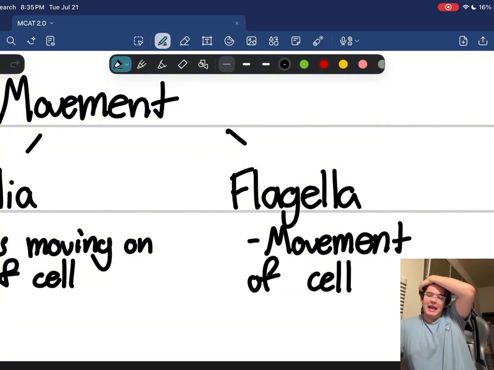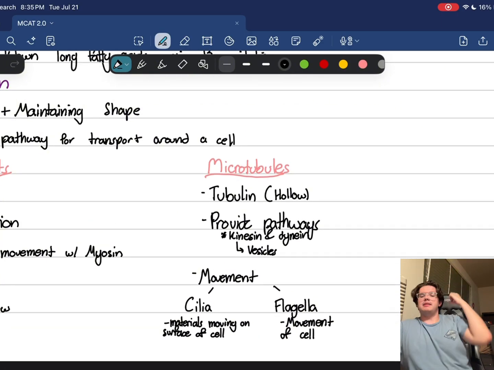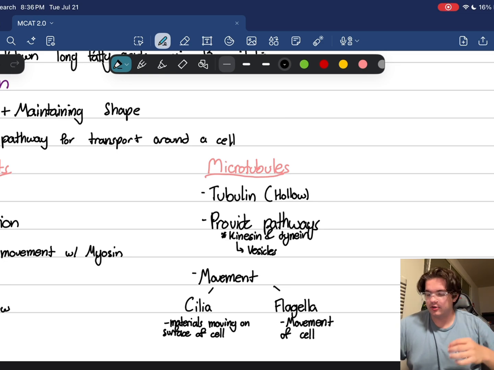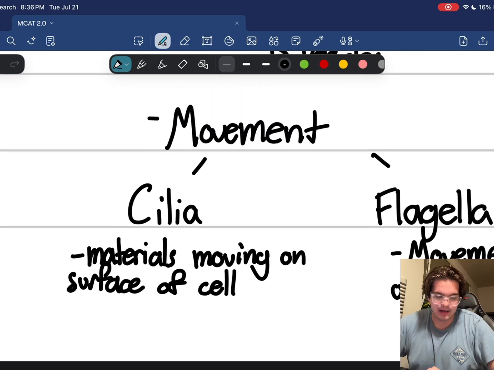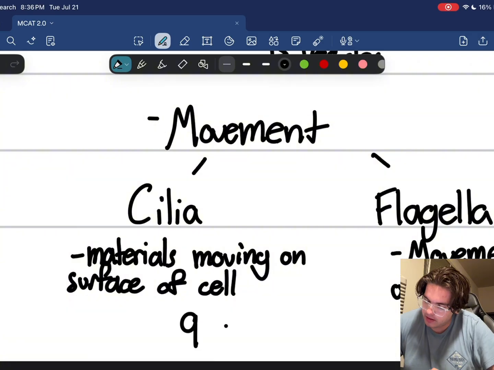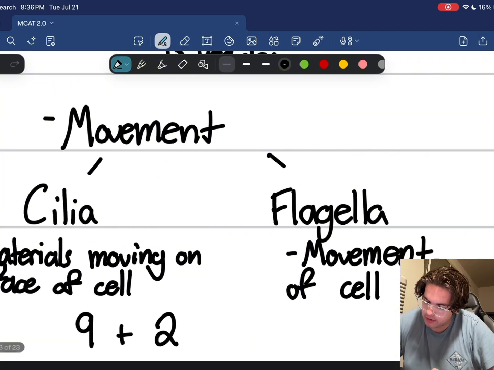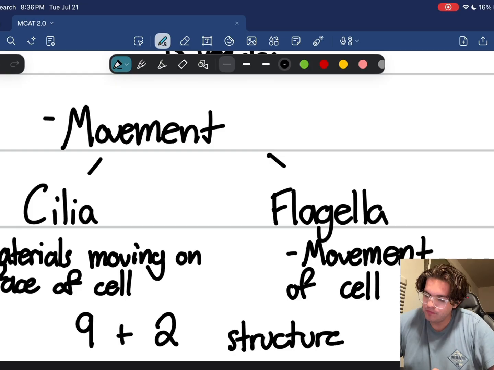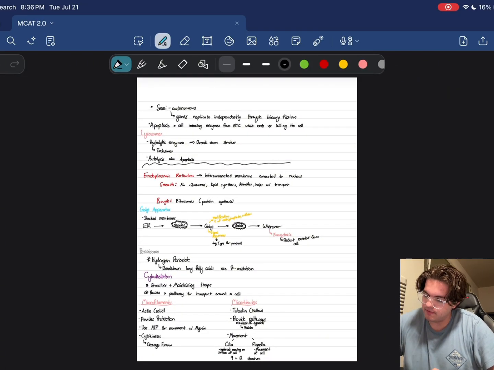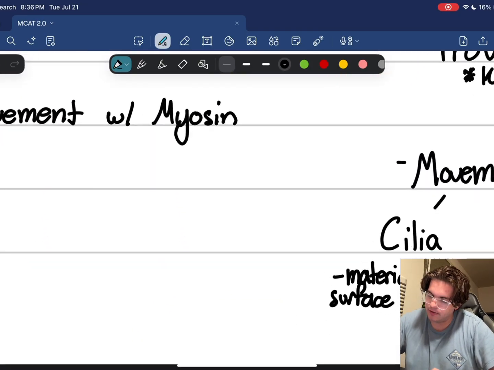Okay, and I'm running out of space, but what I was talking about initially with the structure of microtubules, it is going to be a 9+2 structure. And let me see where I can best fit this in. I'm going to fit it right here.